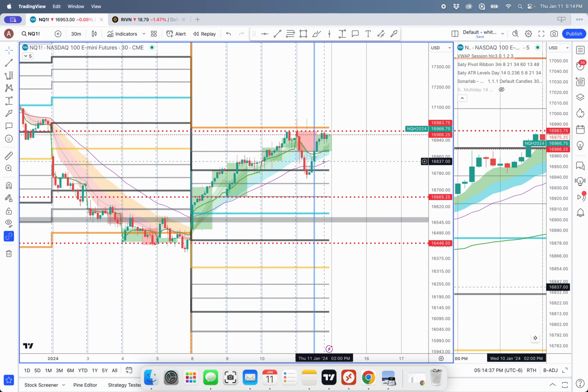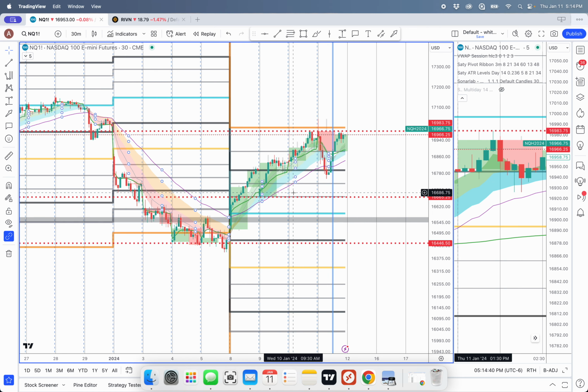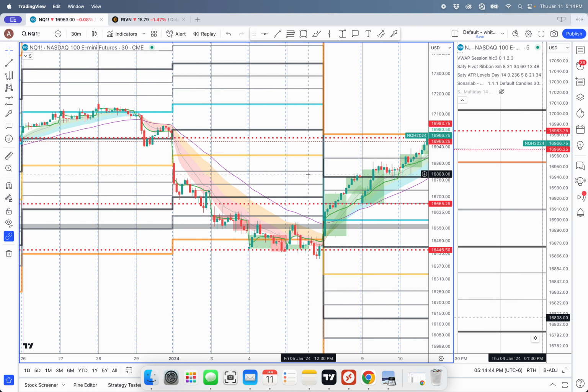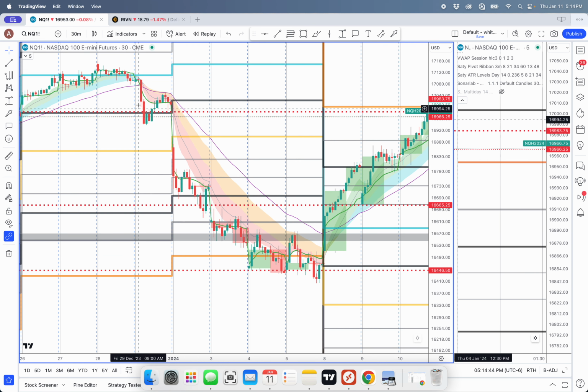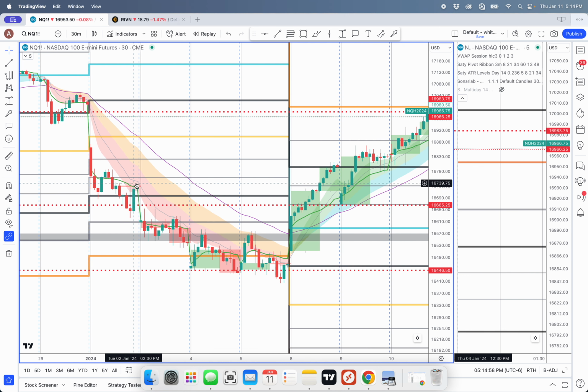On this one, I have the settings at a 30-minute time warp. The reason is I'm using 30-minute candles, but you can see how this is nice, where when it drops the ribbon catches up. A lot of times it takes a day or so to catch up, and then you can use these lines and the colors as a way to gauge what it's doing.